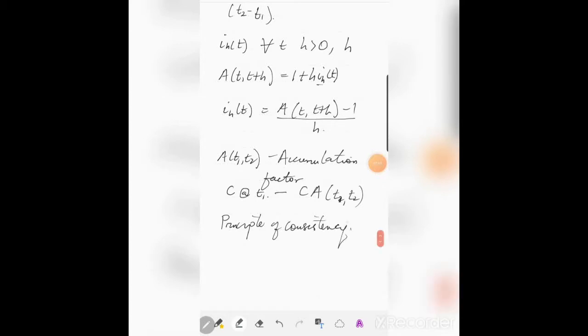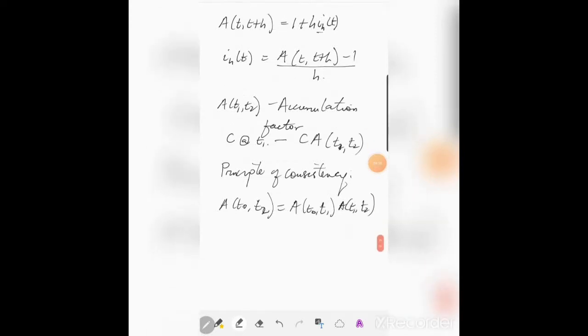Under the principle of consistency, we have A(t0, t2) is nothing but A(t0, t1) times A(t1, t2). So it follows that we have this consistency, with t0 less or equal to t1 less or equal to t2.